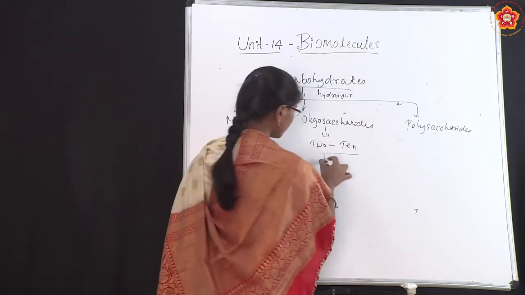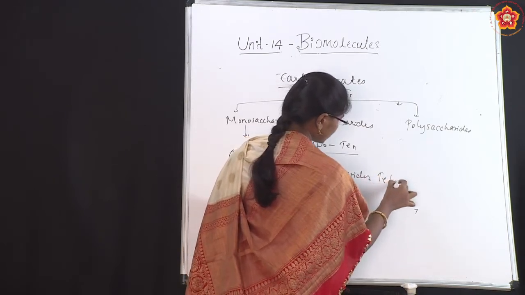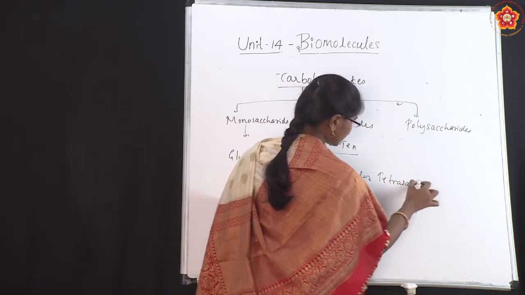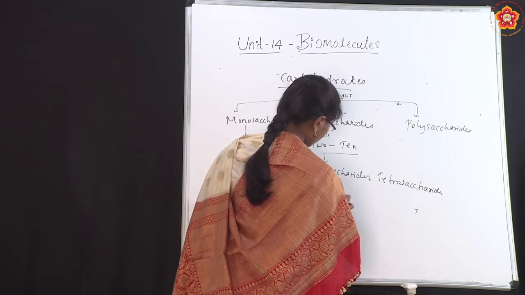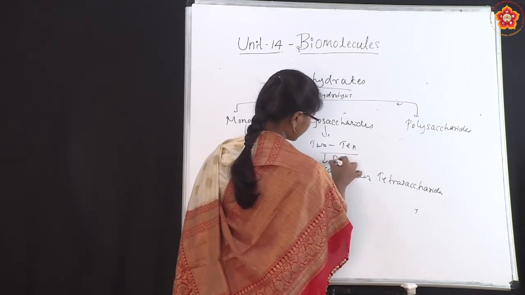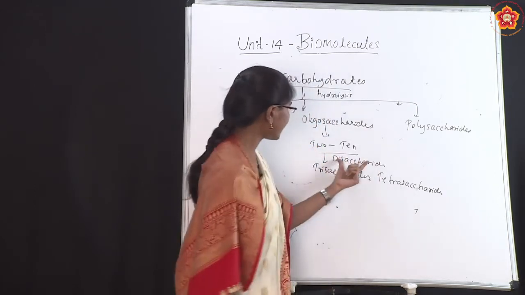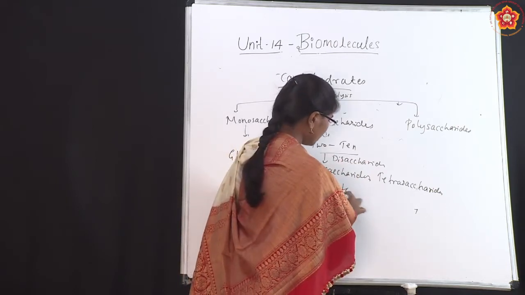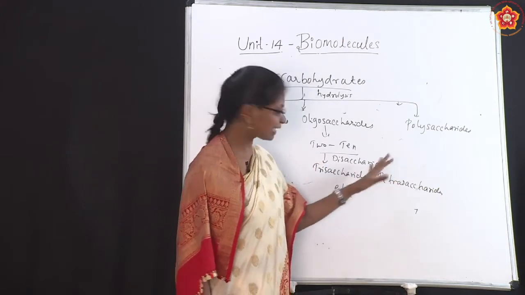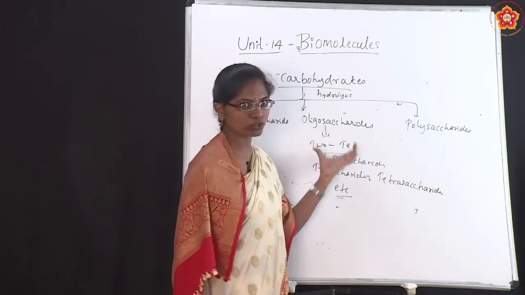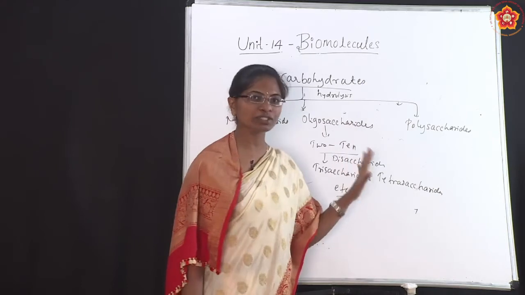Those again we can call disaccharide, trisaccharide, tetrasaccharide, etc. Di means 2, tri means 3, tetra means 4, penta, and so on till 10. When you hydrolyze the oligosaccharide compound, it will give 2 to 10 monosaccharide compounds.